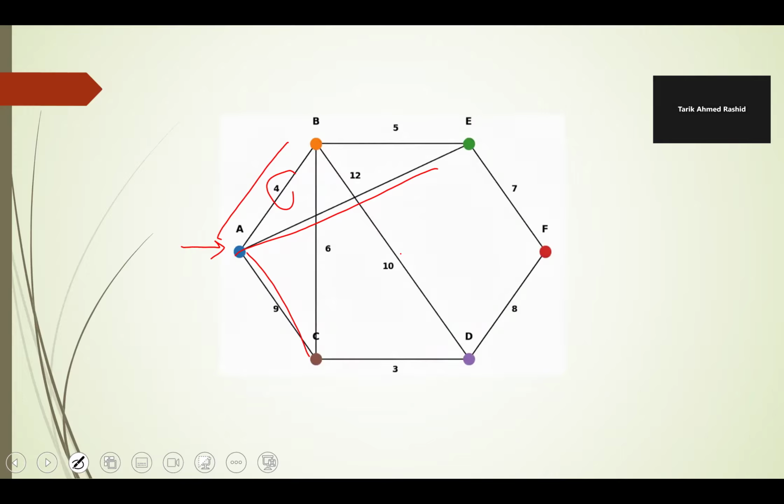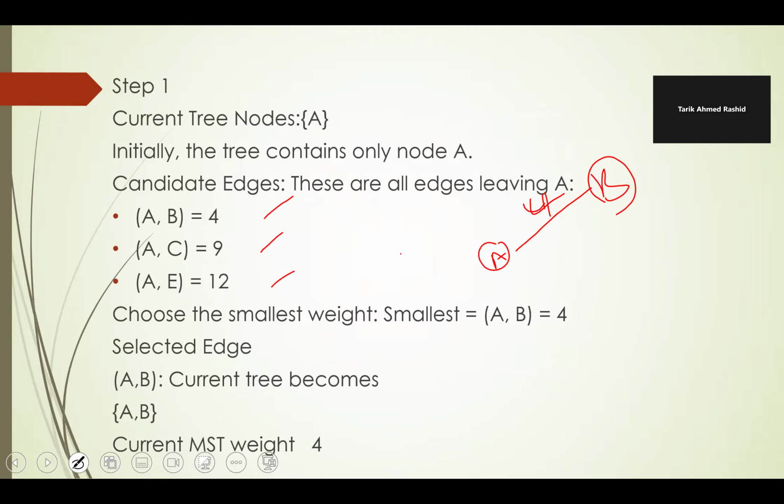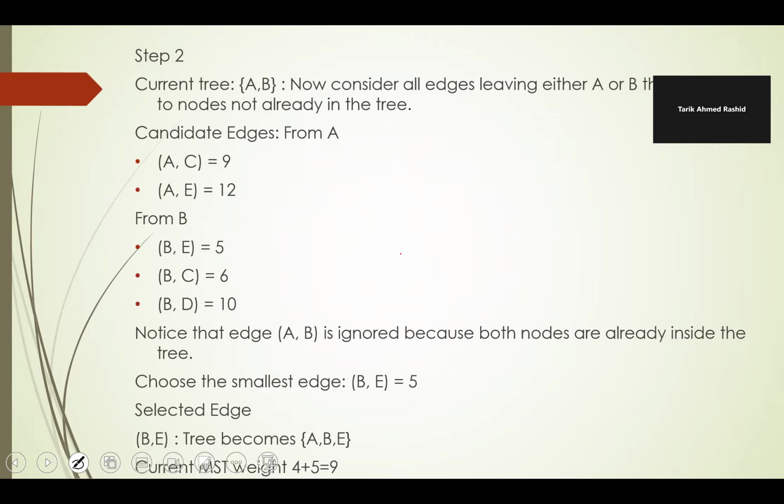Out of these, the smallest is BE 5. We'll take B to E. So we select the minimum and add it.